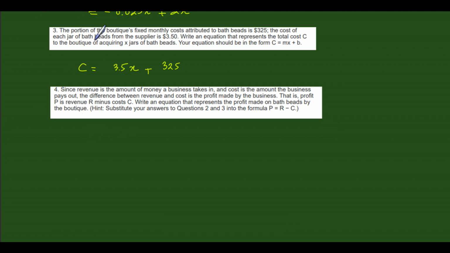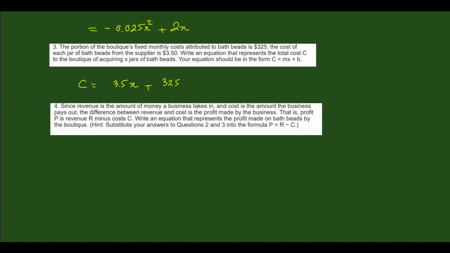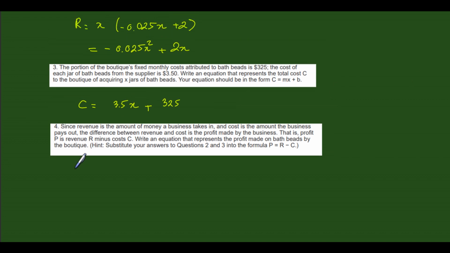We already have revenue right here, and cost is right here, so the revenue is negative 0.0025x squared plus 2x, minus the cost, so minus the whole thing, so you have to put parentheses.